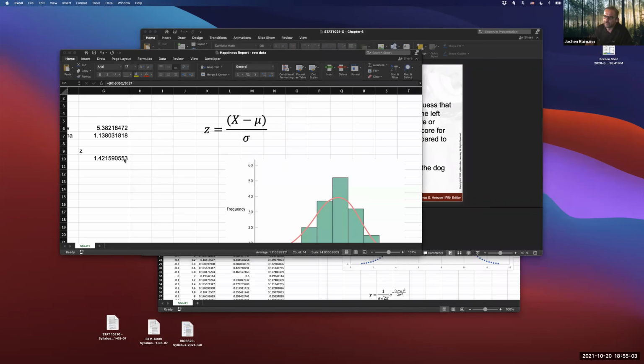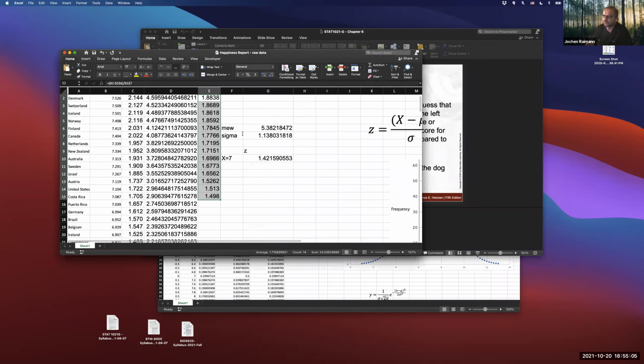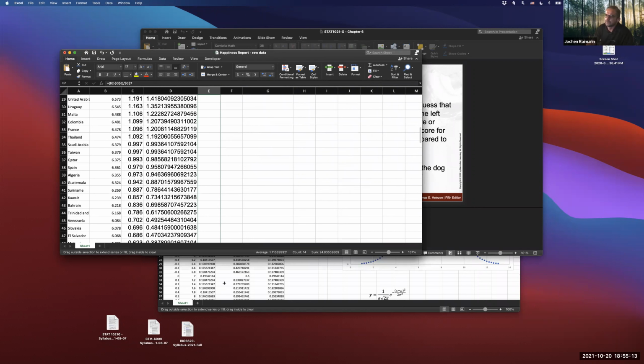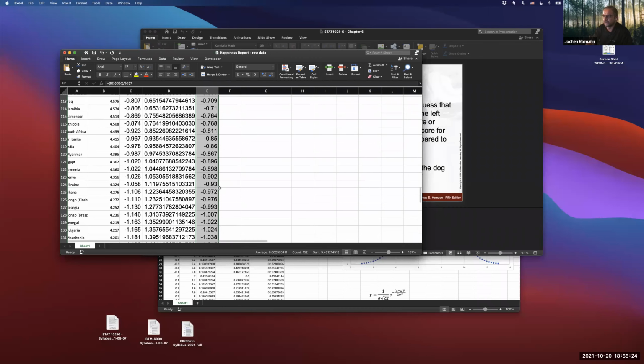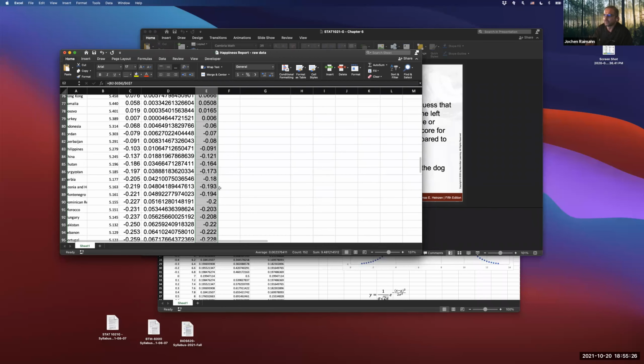So if we're looking now at our happiness scores, the average happiness of the world is 5.4. And now we're going down, and we're looking at the less happy countries. So where is our junction point?